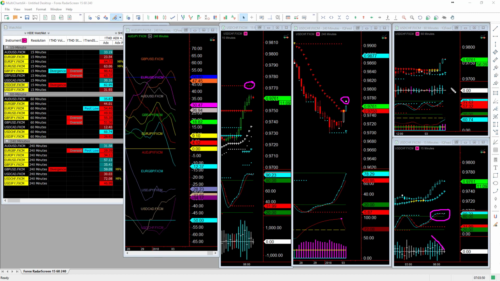You also see on the 60-minute, it is almost to the point of being overbought. And again, more than likely it will get to this congestion dot, but then it will need to test for support in order to continue up.